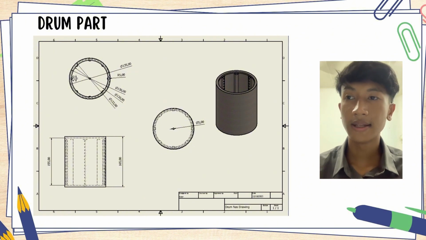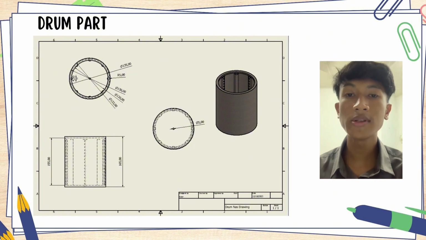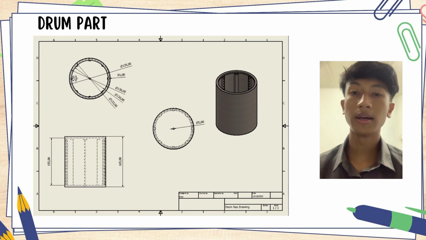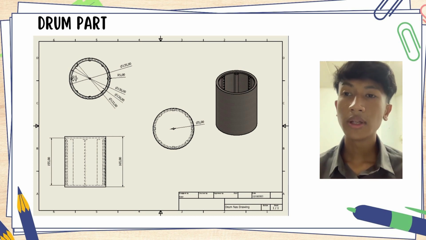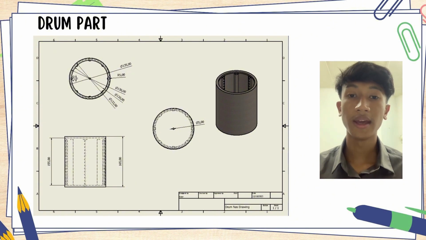Okay, next the drum part. We use 4 circles to make the outer, middle and inner part of the drum. The outer diameter is 135 mm and the middle is 130 mm and 133 mm diameter, and the inner part is 120 mm diameter.